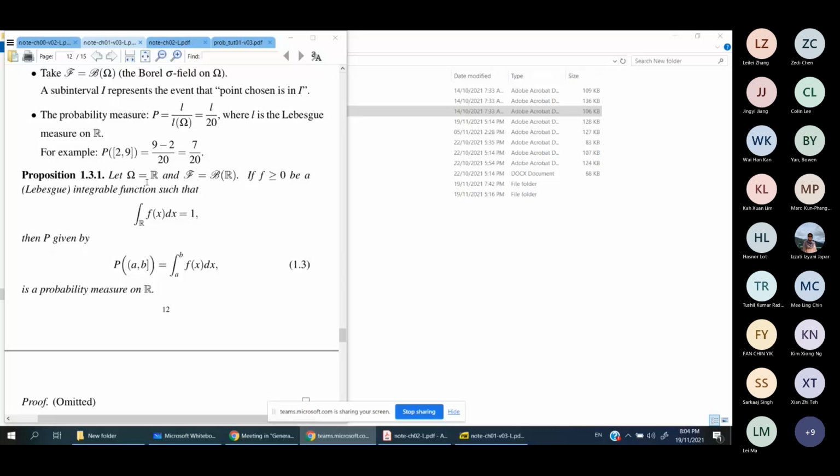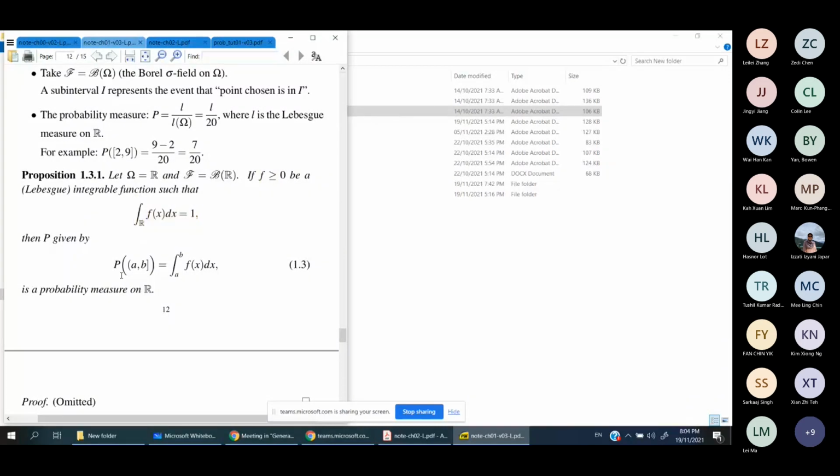We consider omega is R and F is the Borel sigma field. Supposing we have a non-negative function f such that if we integrate this function over R, the whole of the real numbers, it is 1. Two criteria: first of all, it must be non-negative. Secondly, the integral of f over R must be 1.